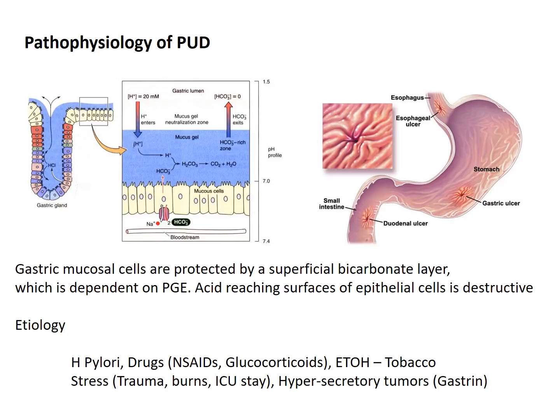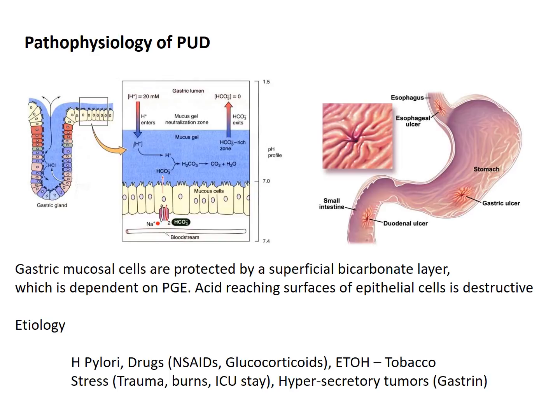So what are some things that can cause ulcers of the esophagus, stomach, or duodenum? A common one is a bug called H. pylori, which we'll look at in a second here. Drugs, particularly non-steroidal anti-inflammatory drugs and glucocorticoid steroid drugs like prednisone, they all decrease the synthesis of prostaglandin E, so we lose that mucus protection. Alcohol and tobacco. Stress, you've seen this if you're working in an ICU unit, particularly trauma patients, burn patients, or anybody who's been in there for a long period of time for whatever reason.